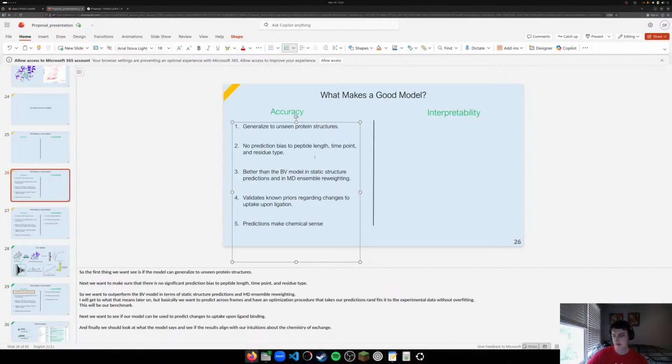Well, we basically want to see if the model is like cheating in some way. And what are the limitations of prediction accuracy, basically.